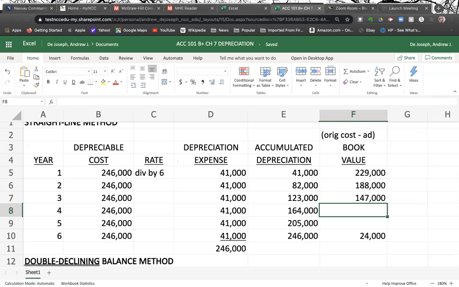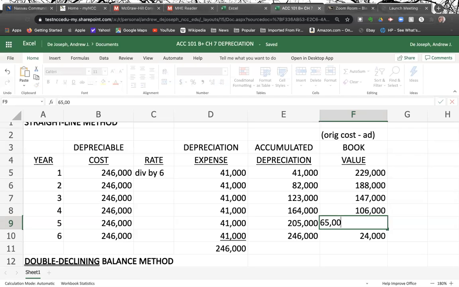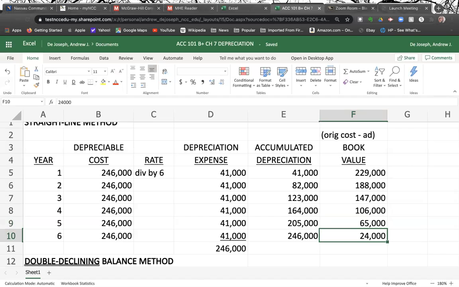Fourth year, 270 minus 164, 106. And 270 minus 205, 65. And then the last year, 270 minus 246, 24.